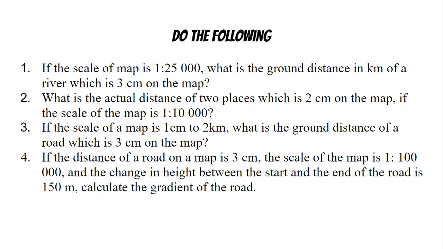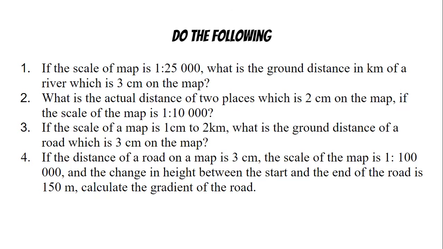Number 3 says, if the scale of a map is 1 centimeter to 2 kilometers, this one is a statement scale, right? So the first two were ratio scales. This one is a statement scale. What is the ground distance of a road which is 3 centimeters on the map?